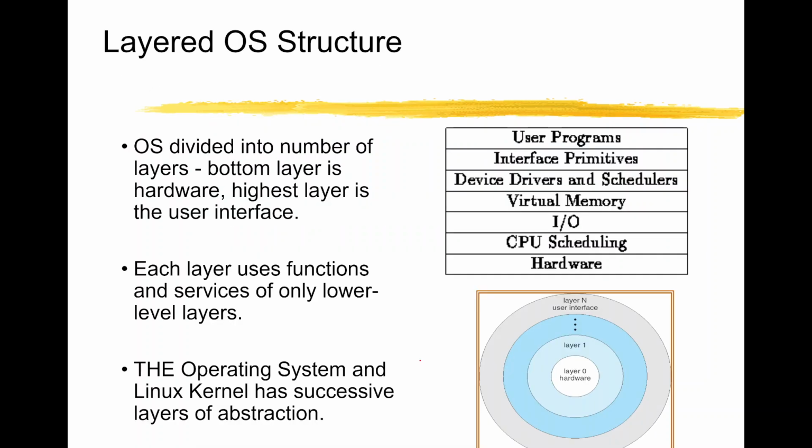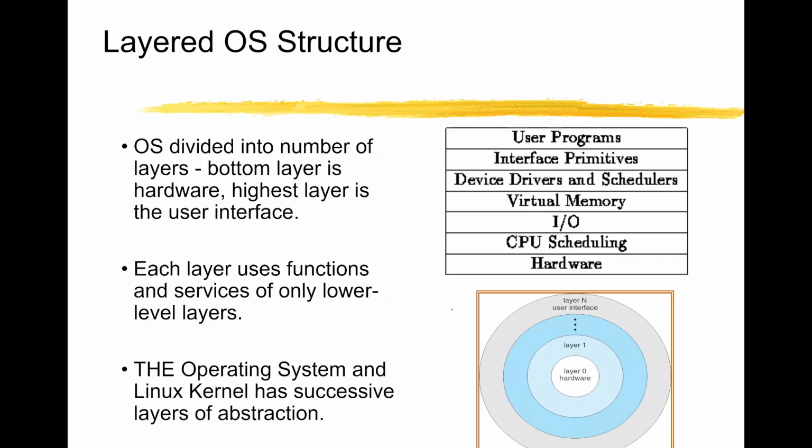Then we also have the layered operating system structure. In this technique, the operating system is divided into a number of layers. The bottom layer is hardware, and the highest layer is the user interface. Each layer uses functions and services of only lower level layers.